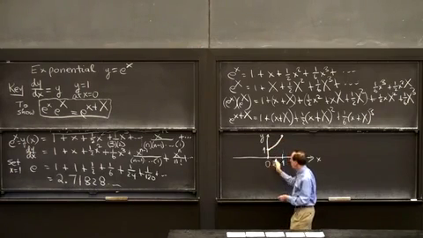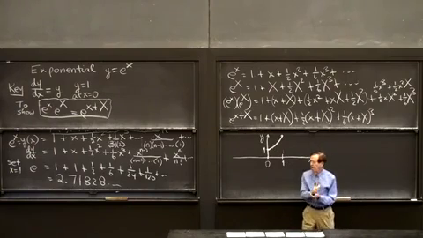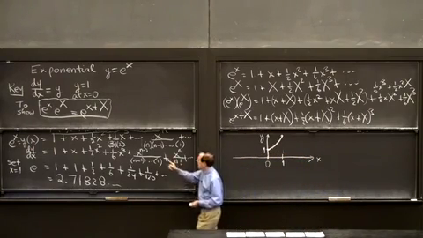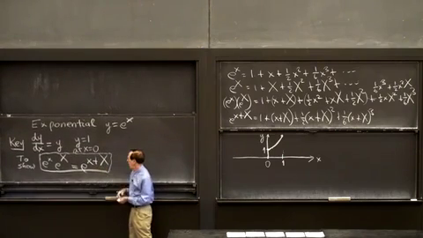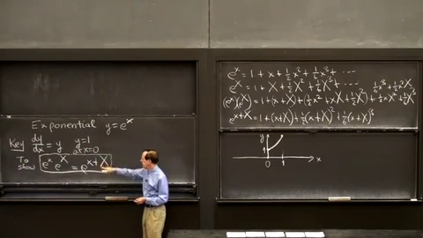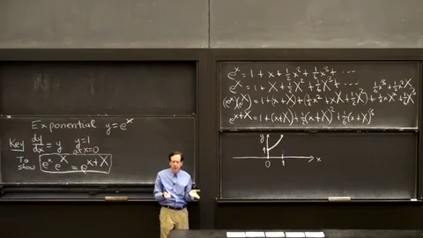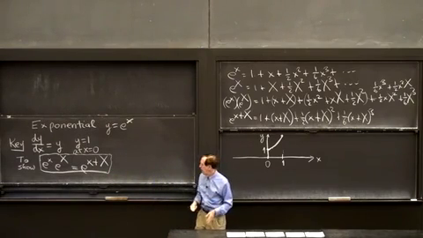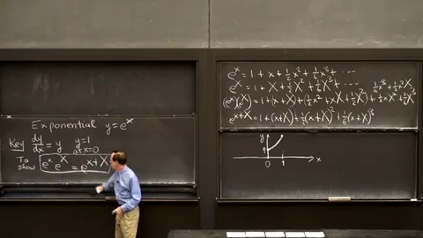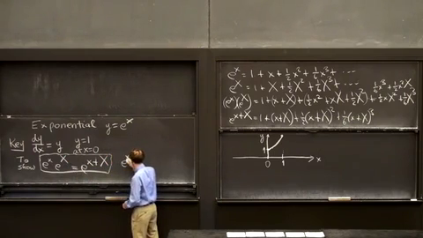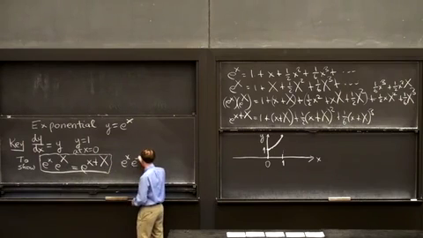Now what about when x is negative? This is a highly useful fact. Suppose I want to think about e to the minus x. Well, now let me just take capital X to be minus little x. So I get e to the x times e to the minus x.